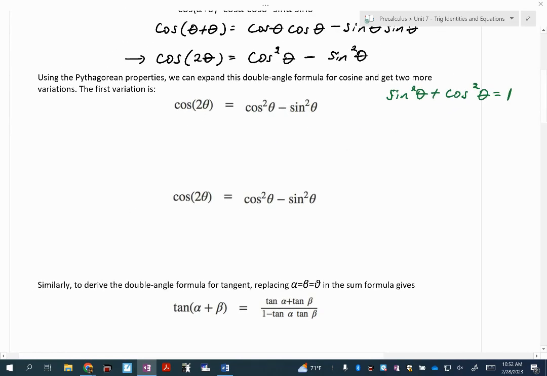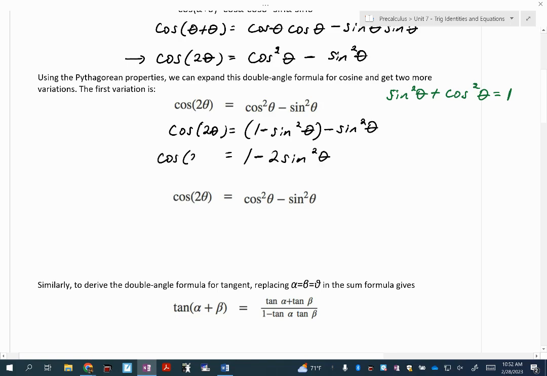I'm going to first manipulate the cosine squared. Cosine squared is the same as 1 minus sine squared. So this becomes 1 minus sine squared theta minus sine squared theta. If we take the parentheses off, we have 2 of the opposite of sine squared theta, so that's equal to 1 minus 2 times sine squared theta.